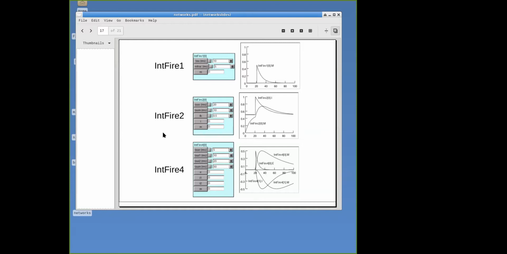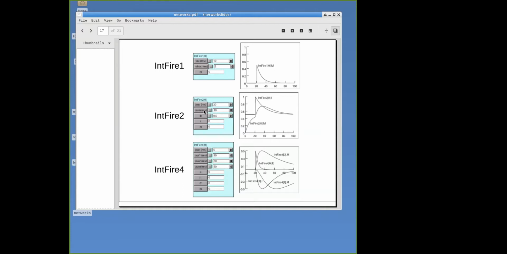There's an IntFire2 class, which is a bit more complicated. It has 2 time constants. It has, of course, a membrane time constant, but it also has a synaptic current time constant. And the synaptic current time constant has to be longer than the membrane time constant.